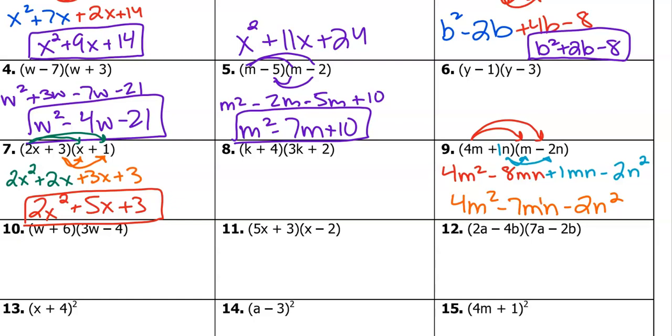You put it in alphabetical order, right? Every piece with an M has to come first. So your M's get put in order from highest to lowest exponent. Okay, so this is in standard form. This one is done.